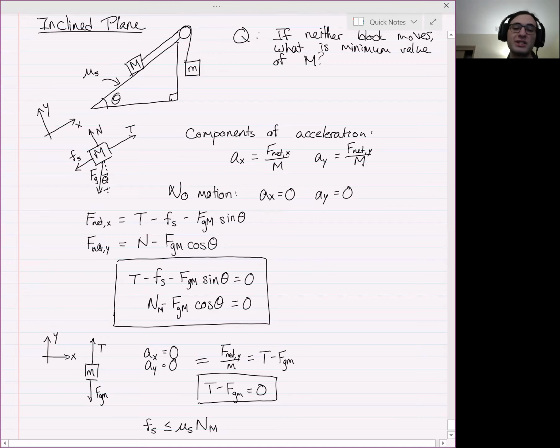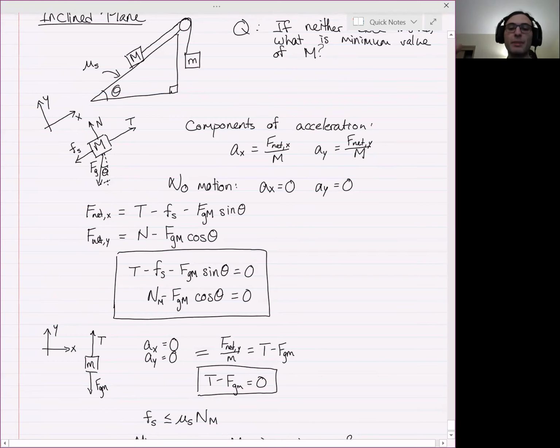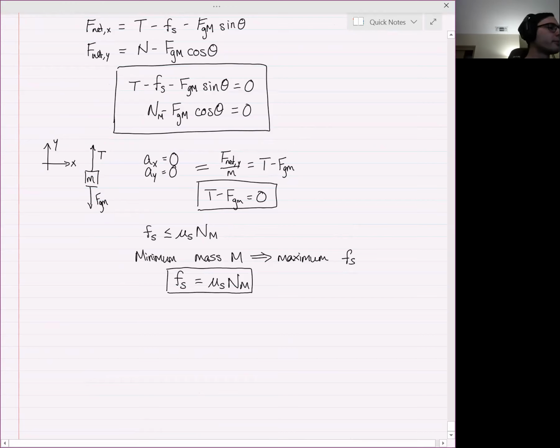And so what we're going to find is that lowercase m, the mass of the smaller block, is going to show up in our answer for the minimum value of the mass capital M. And that's okay. That just says that if you double lowercase m, you'll double uppercase M. So now we can go on and solve.